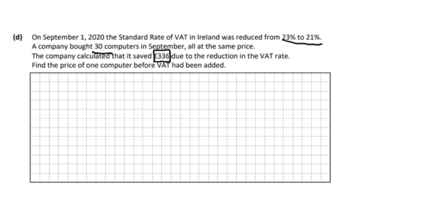If you think about it, it's reduced by 2%, from 23 to 21, so 2% has to be the difference. When it's 23%, they pay an extra 336 than when it's 21%. So the extra 2% has to be the 336.